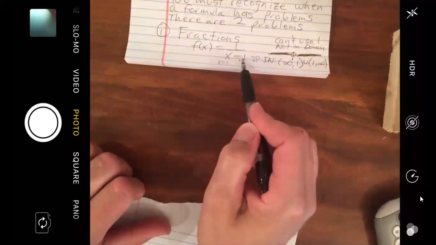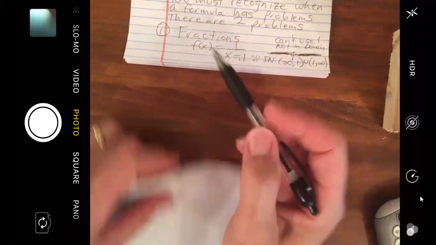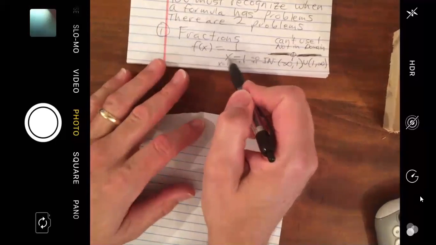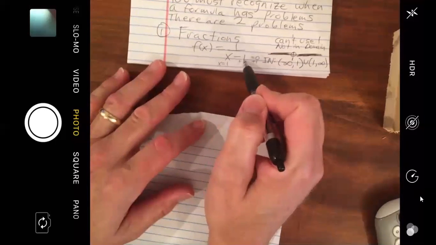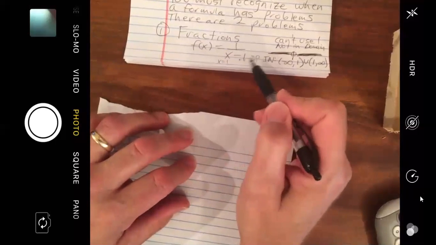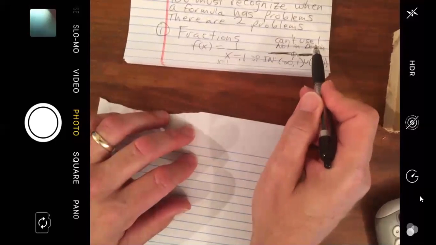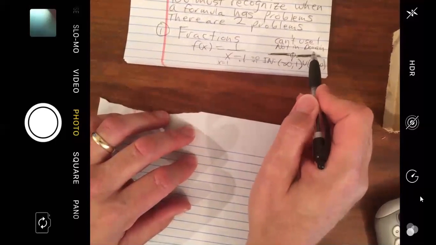I hope you recognize you got a problem. If you were to make x equal 1 here, 1 over 1 minus 1, you'd be dividing by 0. You can set that bottom equals 0, add 1 to both sides. X equals 1 is a problem. You can't use 1. It's not in the domain.